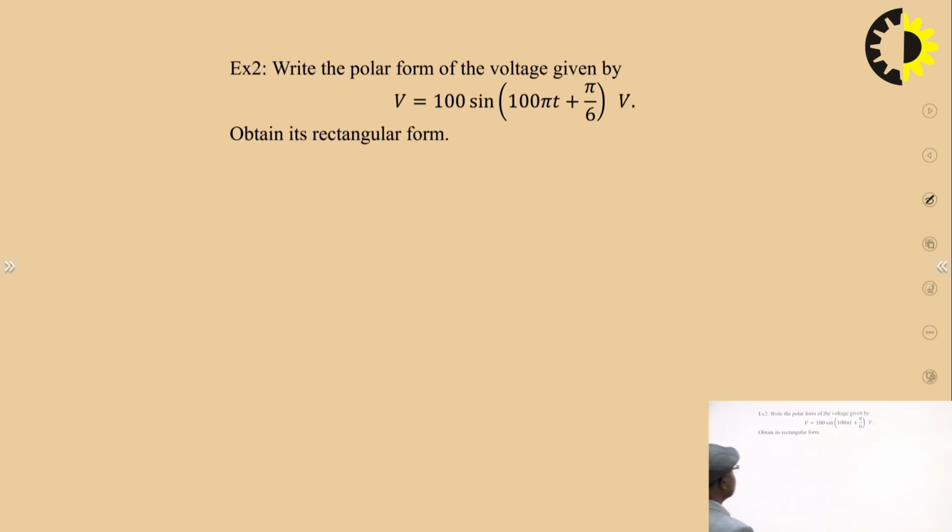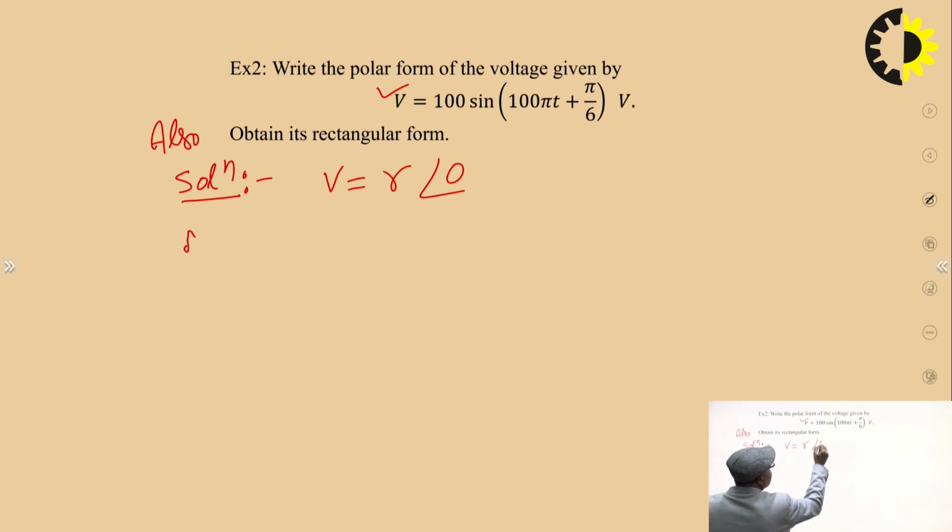Now the next question: write the polar form of the voltage given by this voltage equation, and also obtain its rectangular form. So how to solve this question? Polar form means we have to write our voltage as R angle theta, where R is the RMS value.